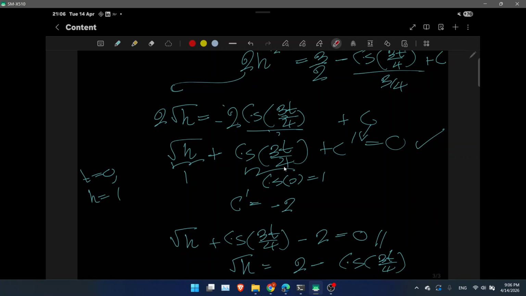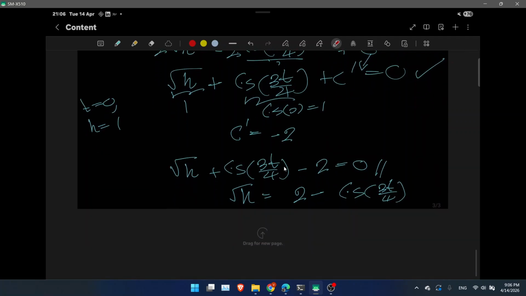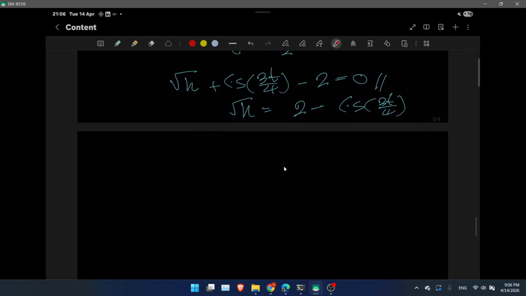So what this means is that minimally it can go down to 1. Yeah, when we're looking at the equation, that's what we can say. So the solution is making sense. So let's move to the next question.